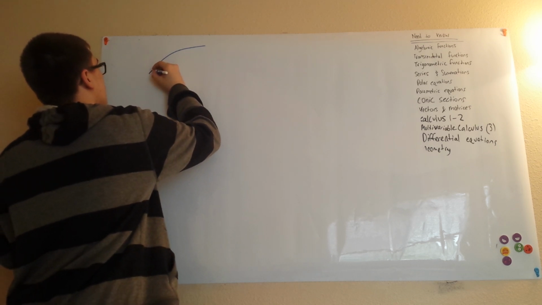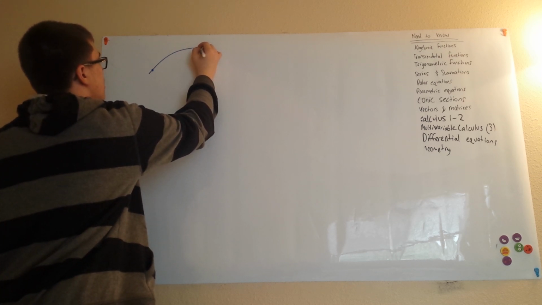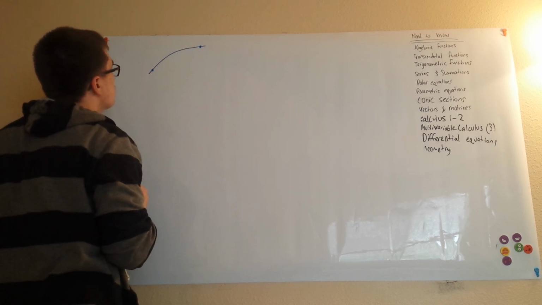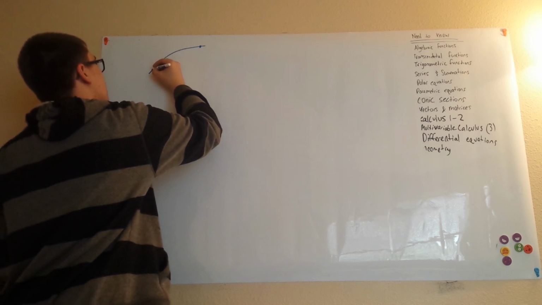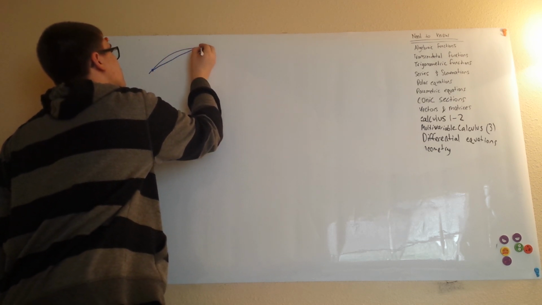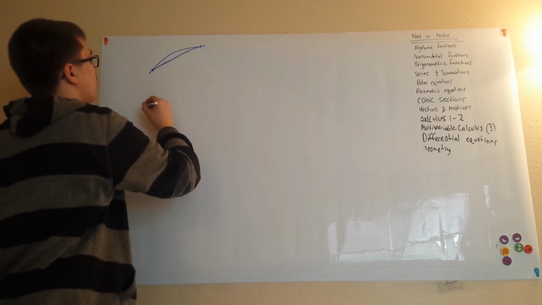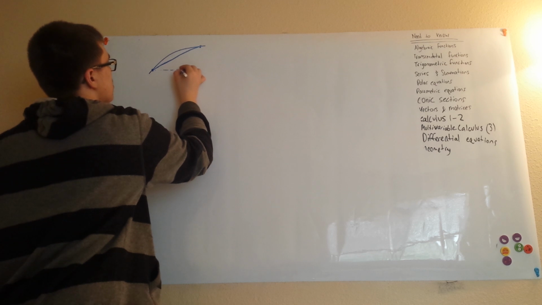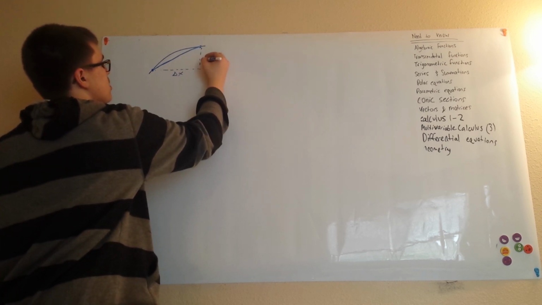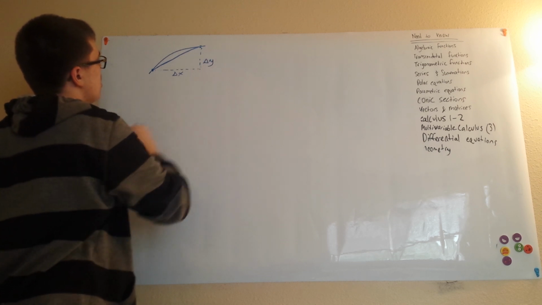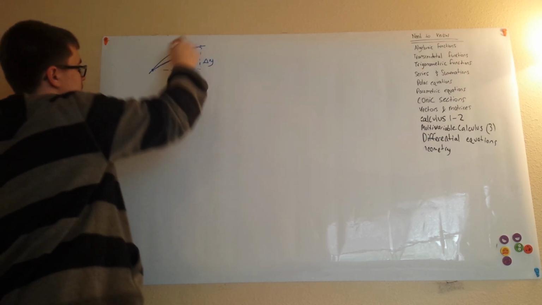And I want to use these two points and approximate it by this little secant line. This segment right here. And of course, this is some delta x, and this is some delta y, right? So what is the length of my segment?